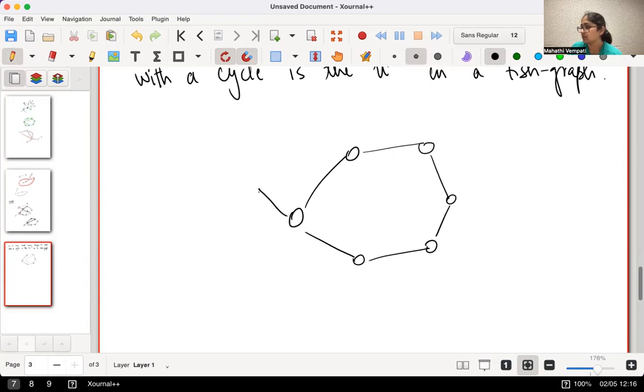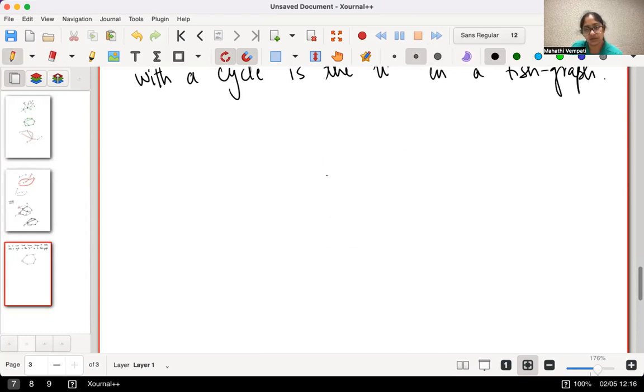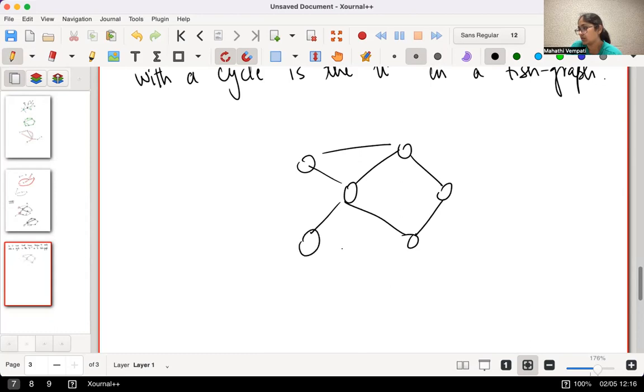Oh, maybe I'm thinking about, wait, I think I was thinking about this wrong. I think I was thinking about it completely wrong, in fact. For example, this is a fish graph. Oh, this is okay.